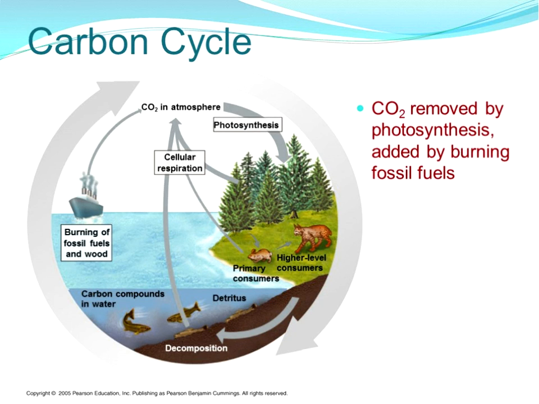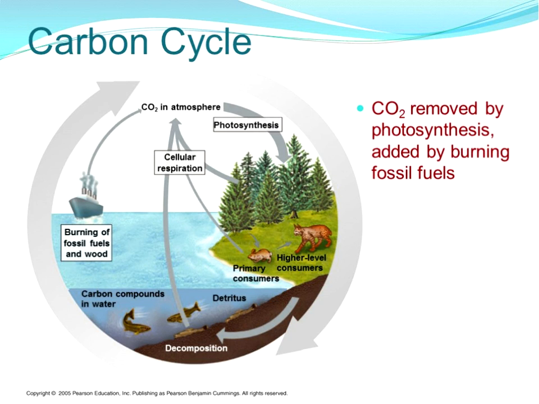So if we look at the carbon cycle, you can see how it cycles through. Key things to remember with carbon is that it gets put into the atmosphere through cellular respiration and the burning of fossil fuels. It's taken out of the atmosphere and put back into the organic parts of the ecosystem through photosynthesis, because trees and plants will use the carbon dioxide to make the glucose.